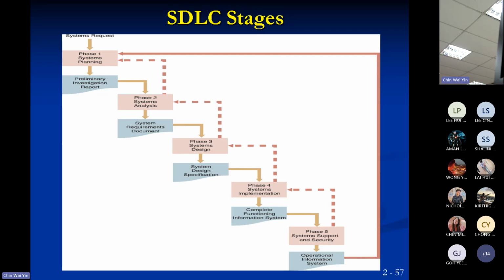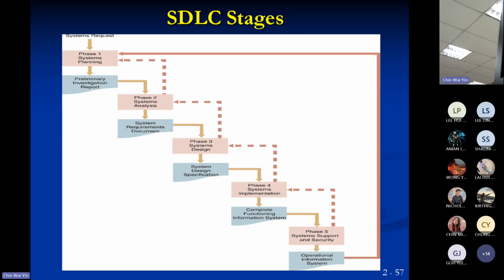The very first thing that triggers this entire SDLC process is the system request. Last week we talked about system requests. The request is from anyone, users most likely. Users can be customers, staff, or management. So there is a request which triggers the entire process.